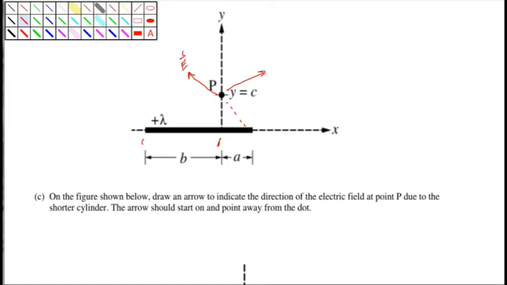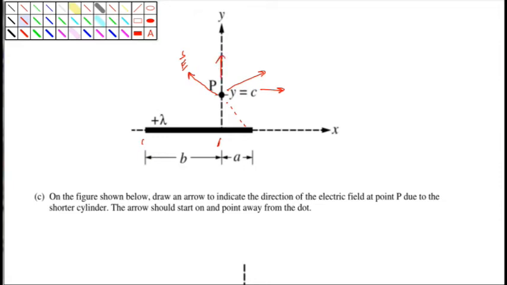But the charge to the left of point P is greater than the charge to the right of point P, so the horizontal field components no longer cancel. There's a net horizontal component pointing to the right, along with the vertical component that's still pointing away from the charged cylinder.